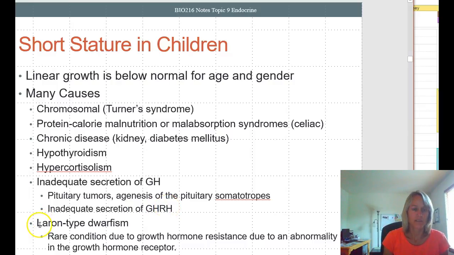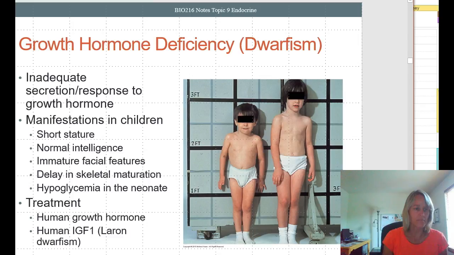There's another condition called Laron type dwarfism, and this is due to growth hormone resistance, rather than a decreased amount of growth hormone. The tissues, like the liver, do not produce enough IGF-1 in response to growth hormone. That's due to an abnormality in the growth hormone receptor.